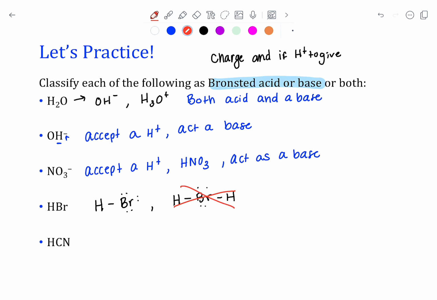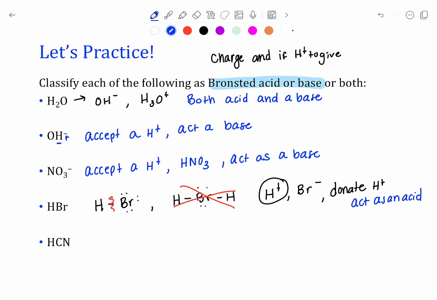So instead, it's going to break this bond and create H plus and Br minus, okay, and therefore it's going to donate this hydrogen to something else, and therefore it's going to act as an acid.